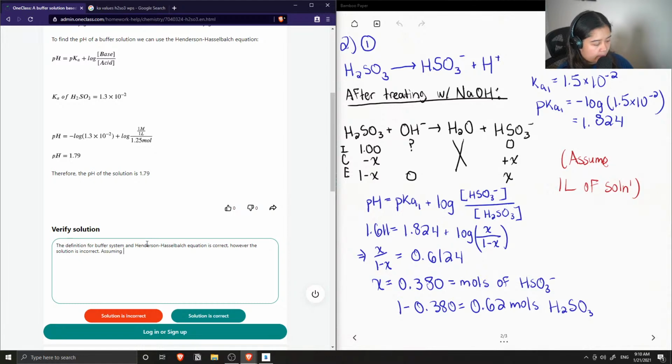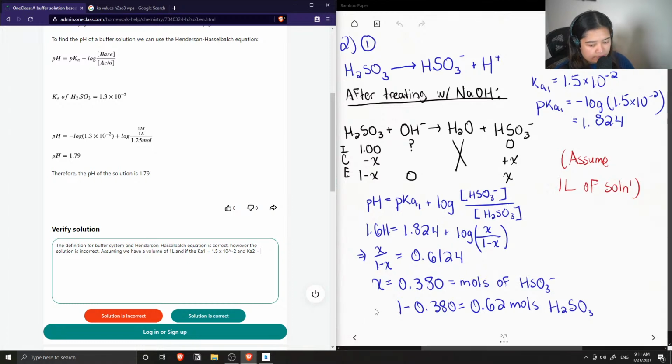Assuming we have a volume of 1 liter, and if the Ka1 is equal to 1.5 times 10 to the power of -2, and Ka2 is equal to, I said the 6.3 times 10 to the power of -8.